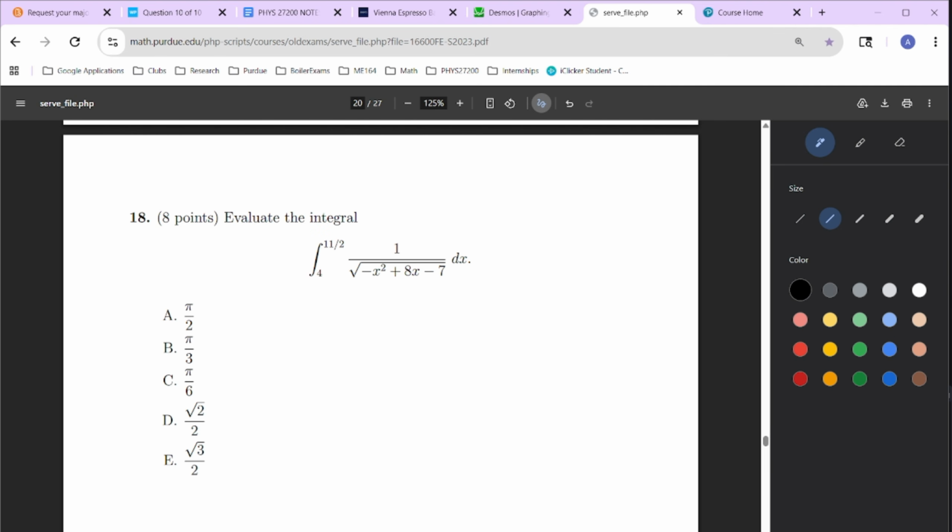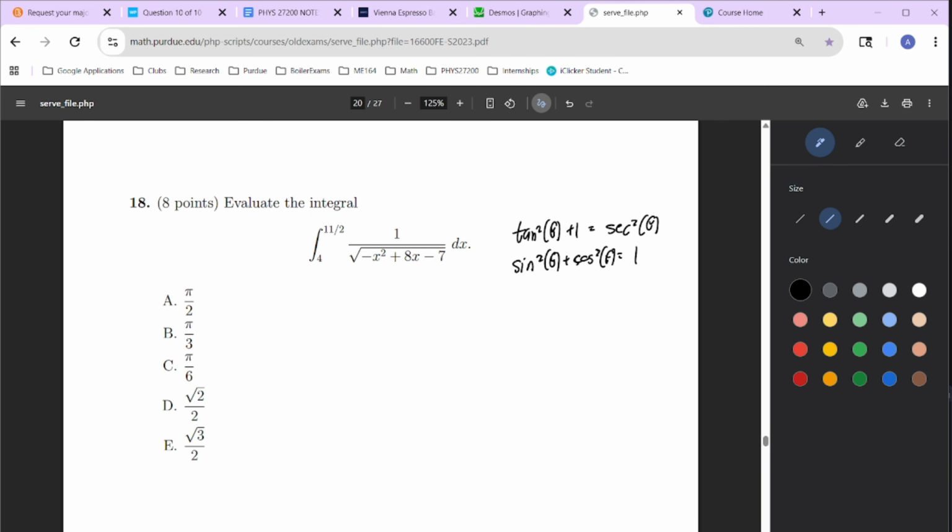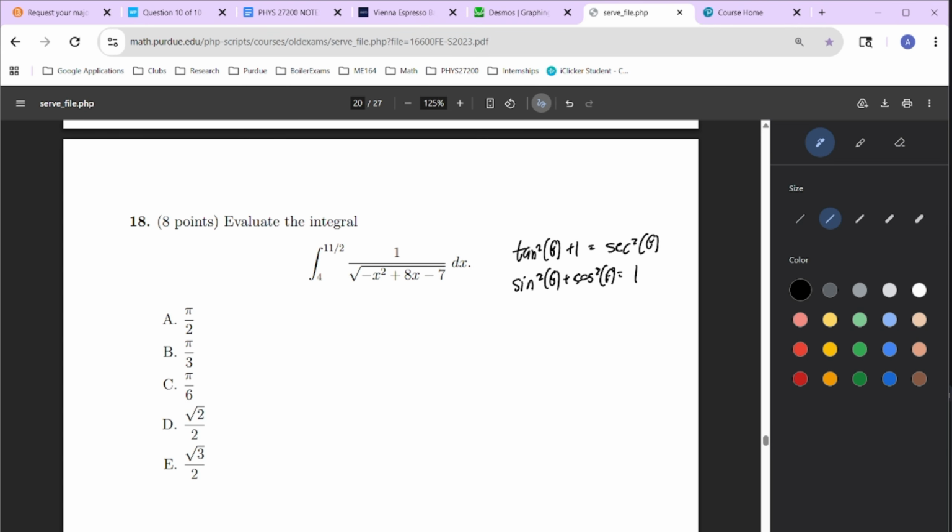So we have two possibilities of trigonometric identities. We either have that tan squared of theta plus 1 could be equal to secant squared of theta, or we have some form of sine squared of theta plus cosine squared of theta is equal to 1. But we have no idea which to use until we start working this out.